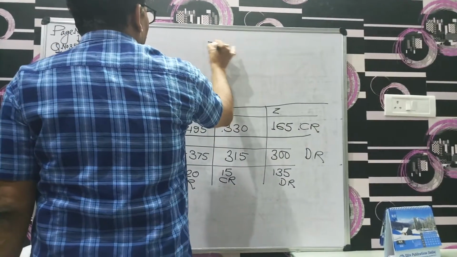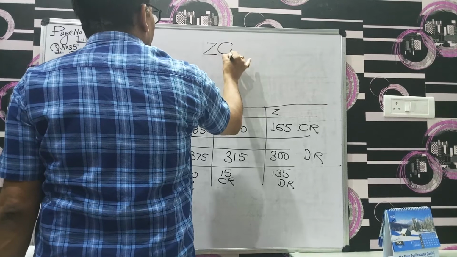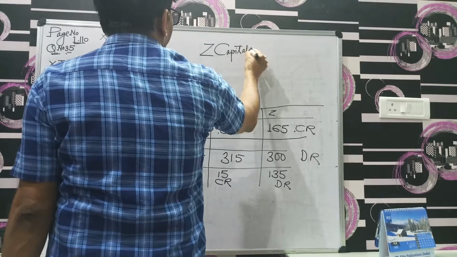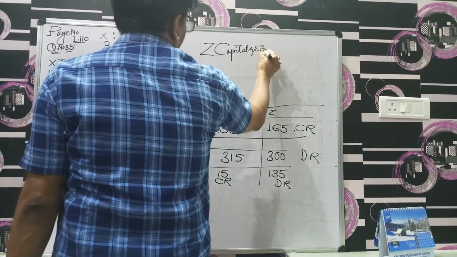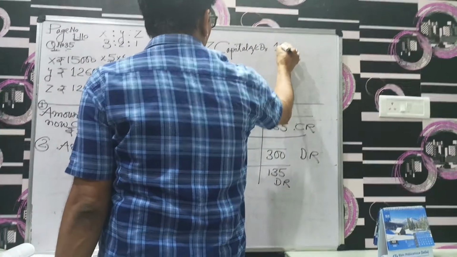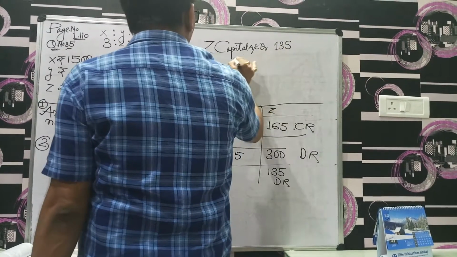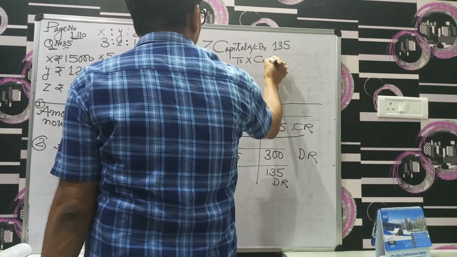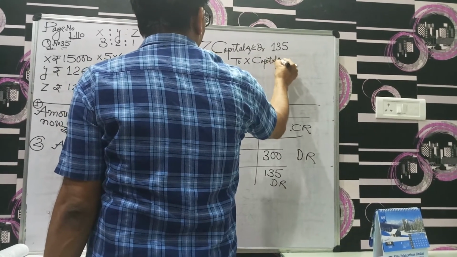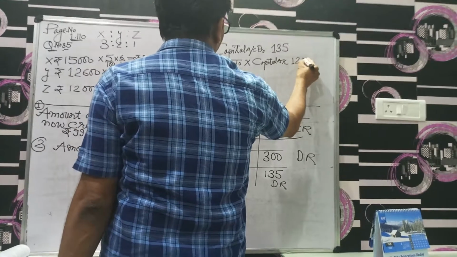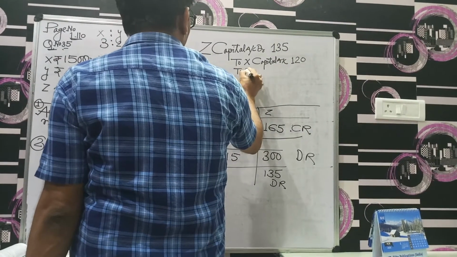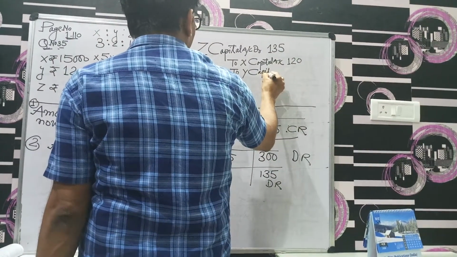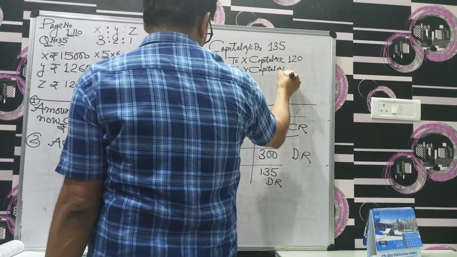The answer is like this: Z capital account debit, amount 135, to X capital account $120 and to Y capital account $15.